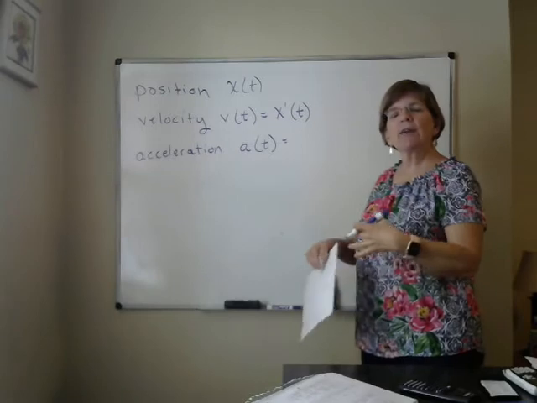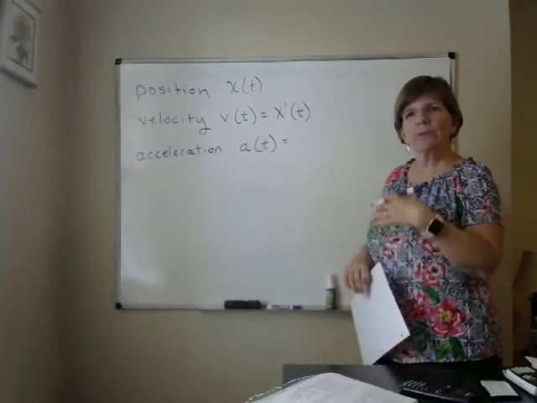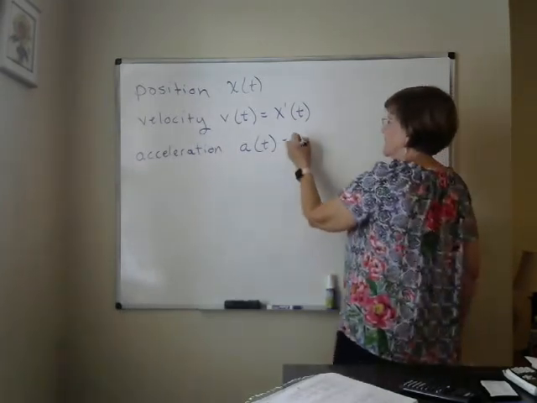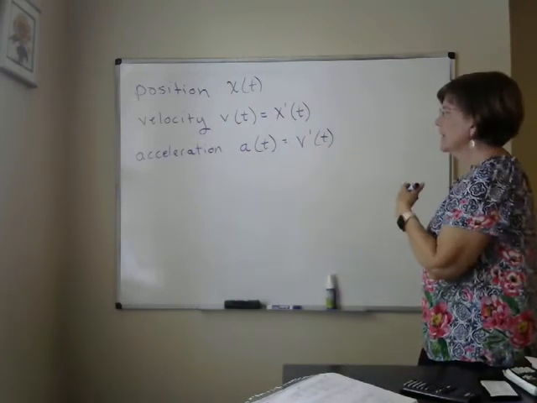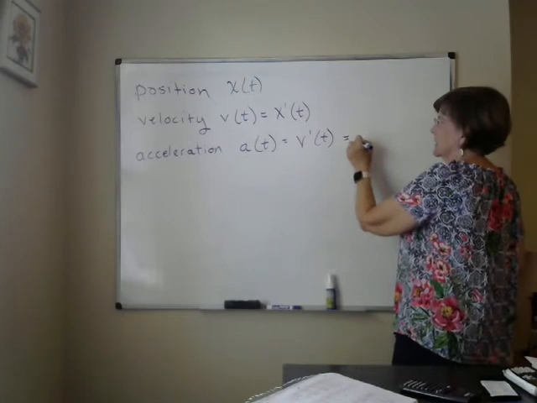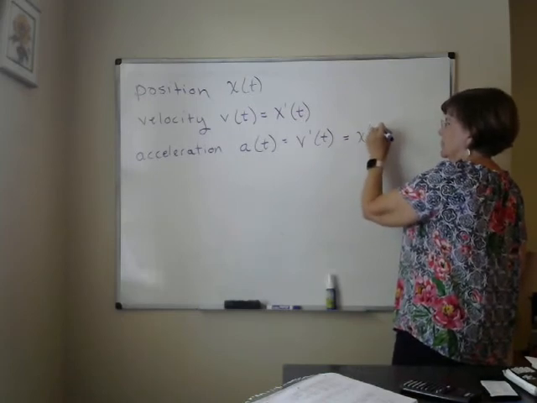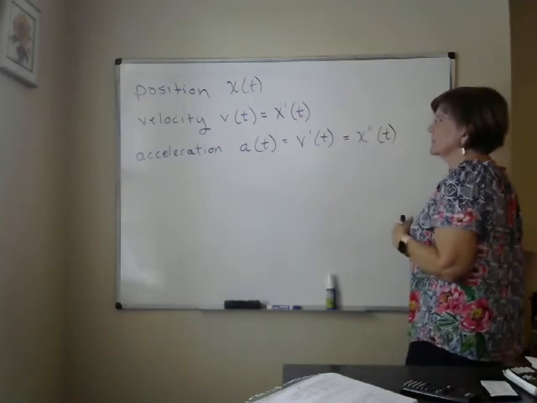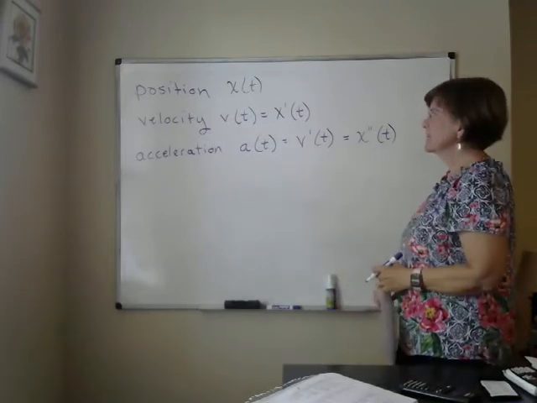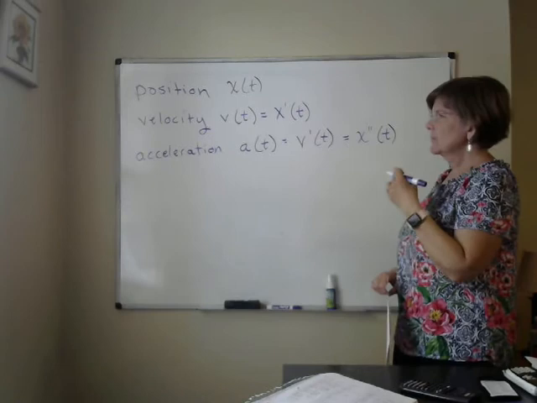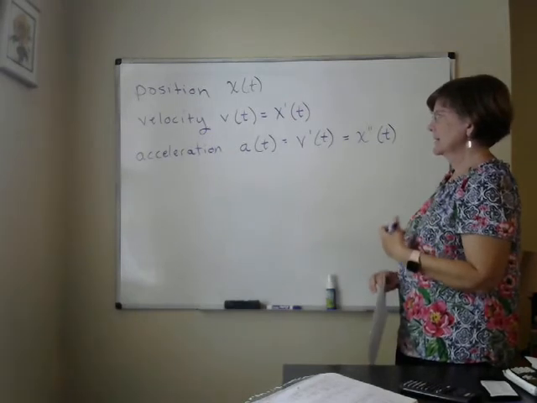Acceleration tells you how the velocity is changing with respect to time. Acceleration is v prime of t, or we can think of that as being the second derivative of the position. The second derivative is when you take a derivative of a derivative. So that's the relationship between position, velocity, and acceleration.